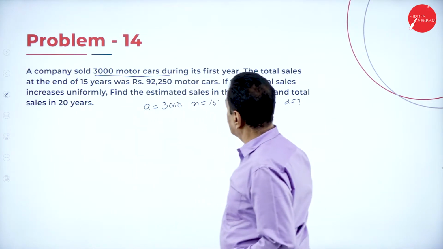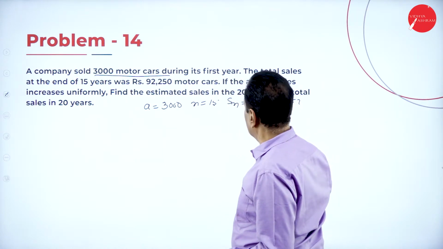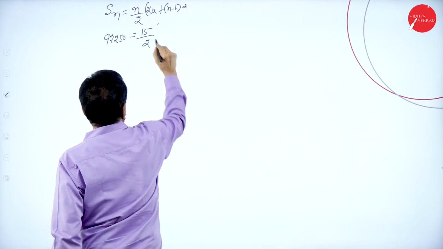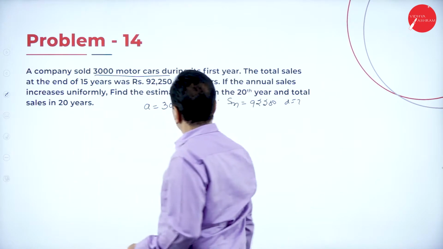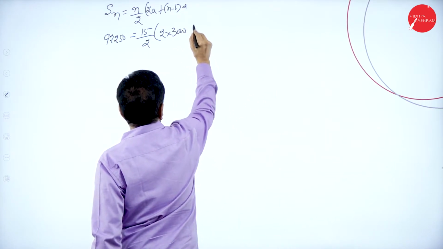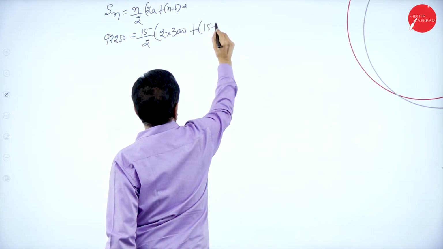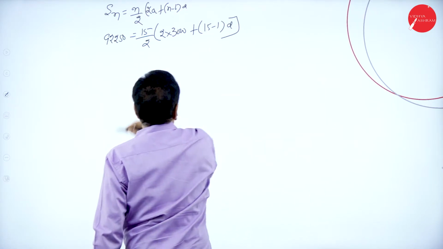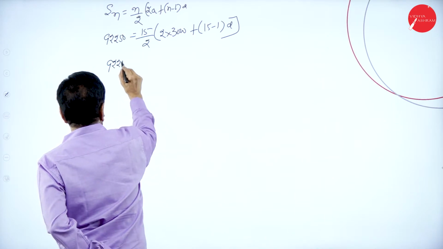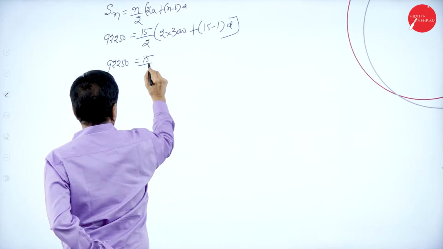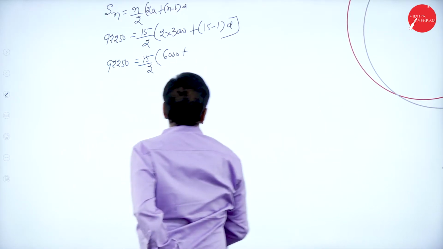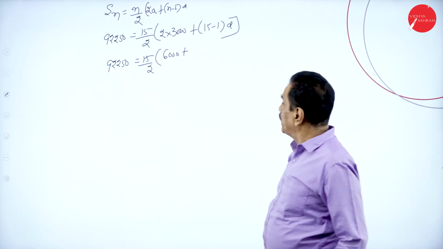How many years is he asking? 15 years. 15 by 2 into 2 into how many motor cars? 3,000, plus 15 minus 1, D we have to calculate. This is 92,250, 15 divided by 2, it is 6,000, 15 minus 1, 14D.